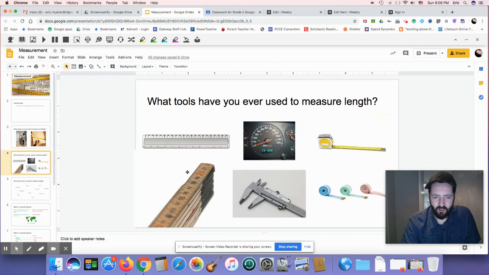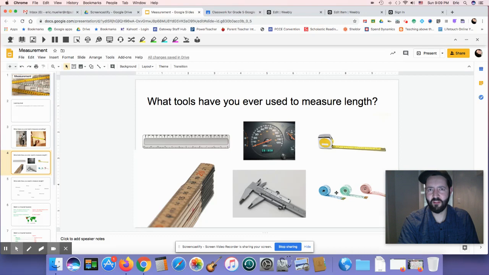Down in the bottom left-hand corner, we've got meter sticks, and I know back at the school in my classroom, I had a couple of these lying around too, so you've probably seen these. And these are called measuring tapes, not tape measures like up here, but measuring tapes. A lot of times I've seen these used in the fashion industry.